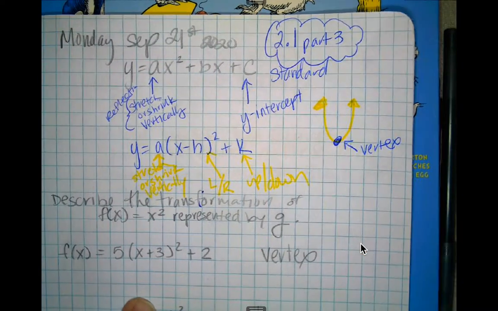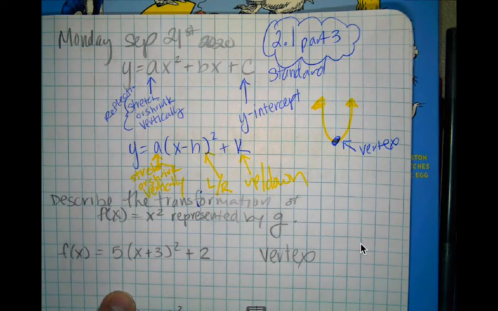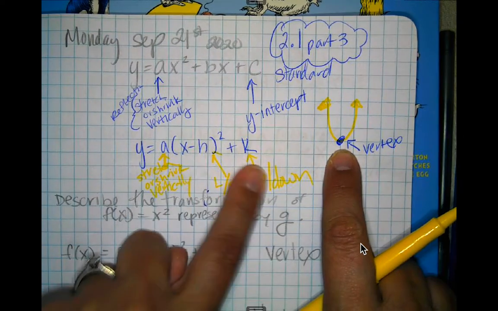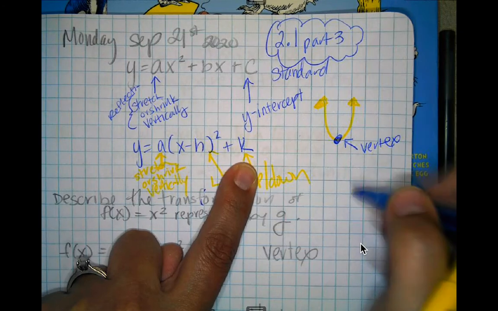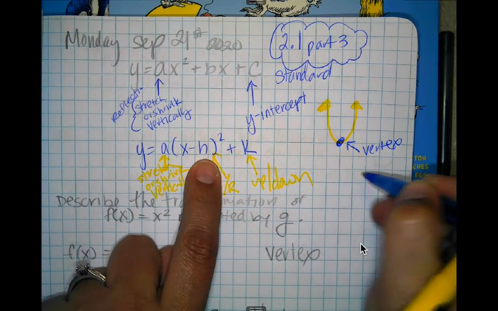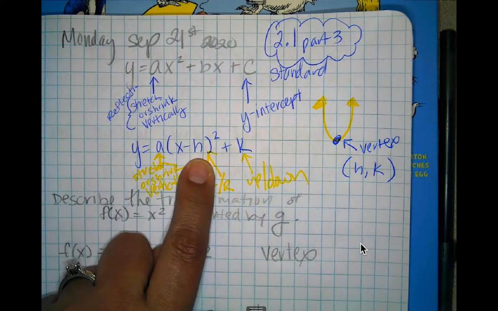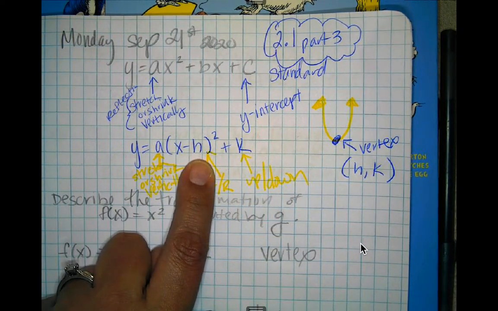If you use Desmos, the online graphing calculator, it'll give you that coordinate, but that's actually the value moving around to control this graph. The vertex can be found right here as h comma k.